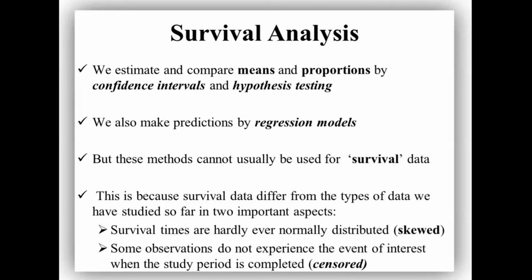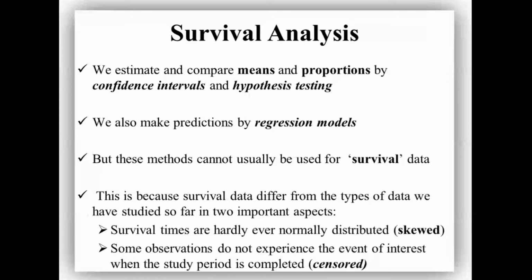As you remember, when you have continuous data, we can compare the mean between two groups using t-test or ANOVA, right? That's when we have continuous data. We can also conduct regression models and make predictions by using regression models.